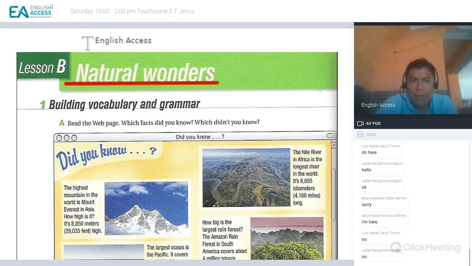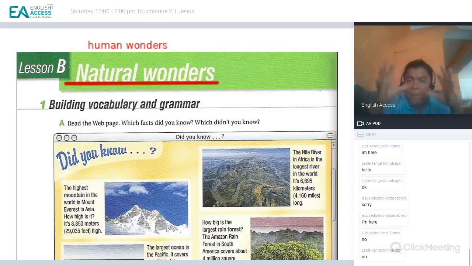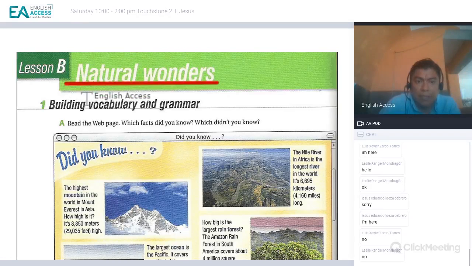The things made by man are human wonders. Only the big, amazing things are human wonders. Yes? And these beautiful things made by nature are natural wonders. Yes? So let's read the web page.